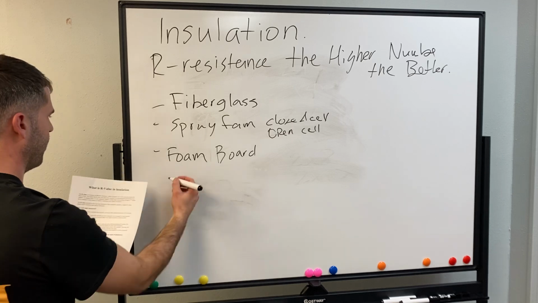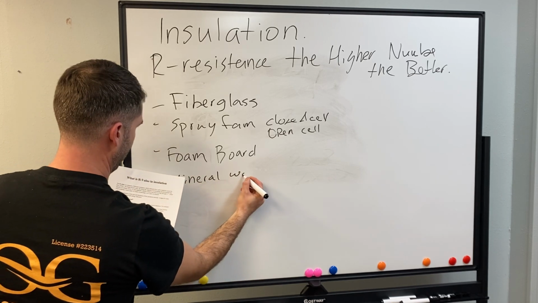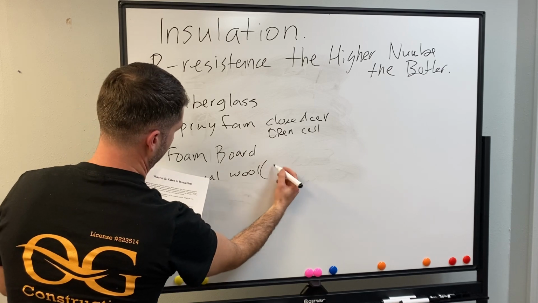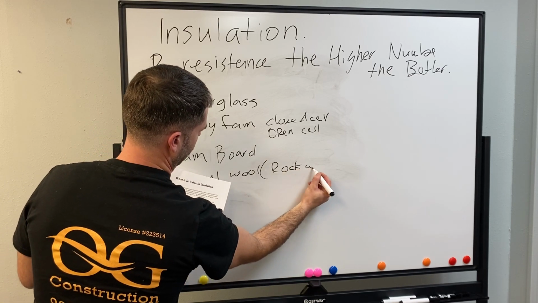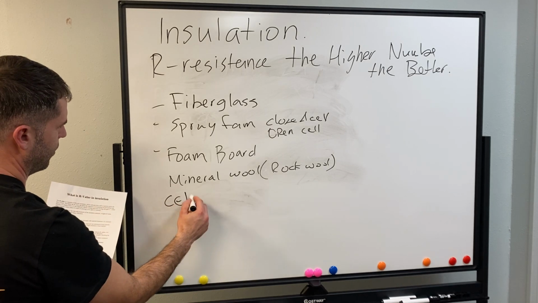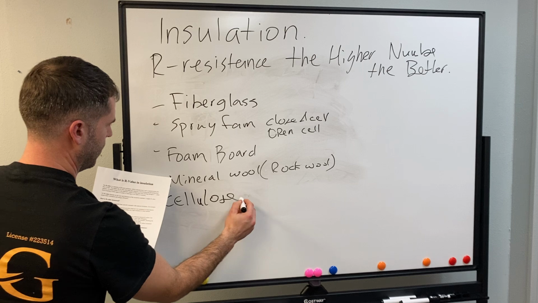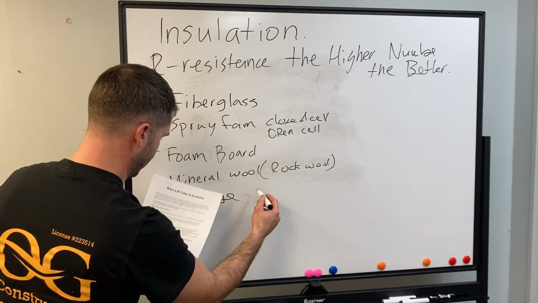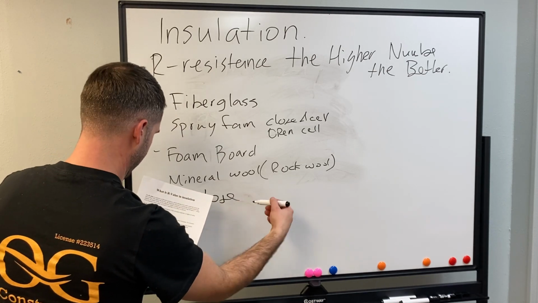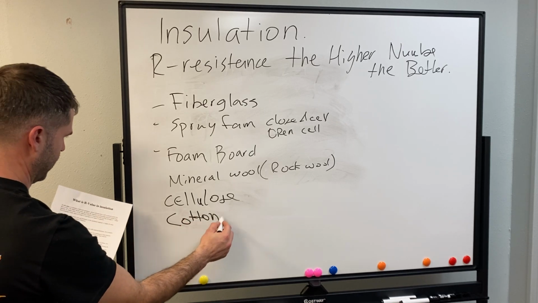And then mineral wool, which is also called rock wool. And then there's cellulose, which is usually used as a spray, and it varies too. And then there's cotton, which is called denim.